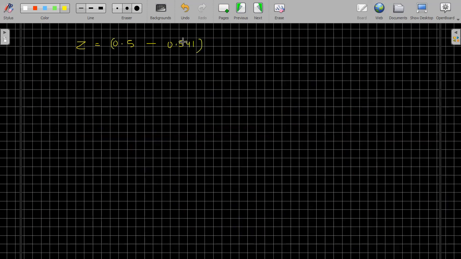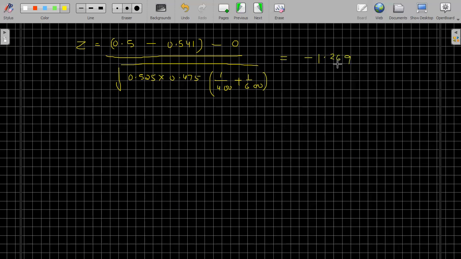P1 cap minus P2 cap, and the difference of P1 and P2 is 0, divided by square root of 0.525 into 0.475, into 1 upon 400 plus 1 upon 600. So that comes out to be minus 1.269.